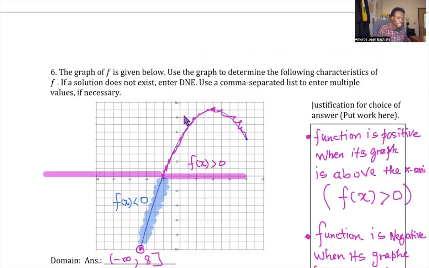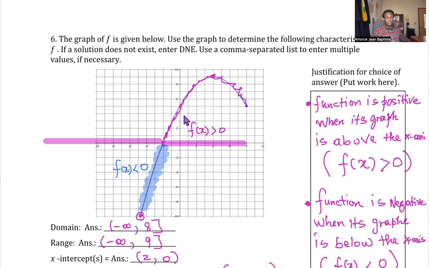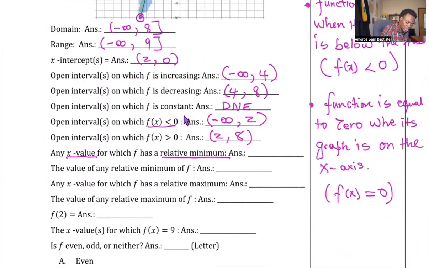We did not stop decreasing to increase. We stopped increasing to decrease. So we don't have a minimum. We only have a maximum.